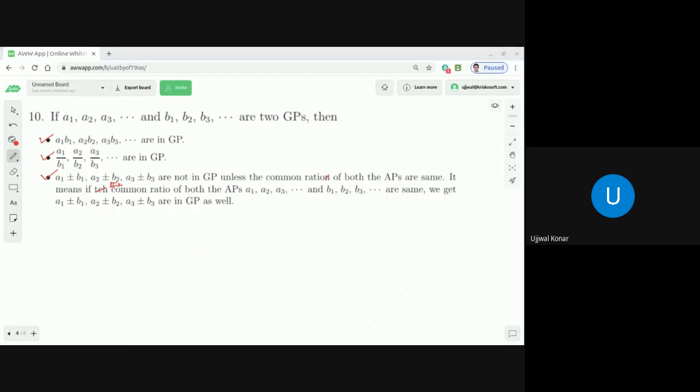In our next class, which is on Monday, we'll discuss something interesting. I just want to give you an initial idea about it. It is called Arithmetico-Geometric Progression. So what is Arithmetico-Geometric Progression?